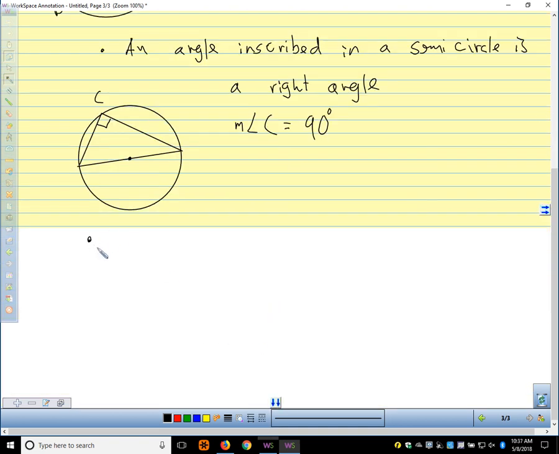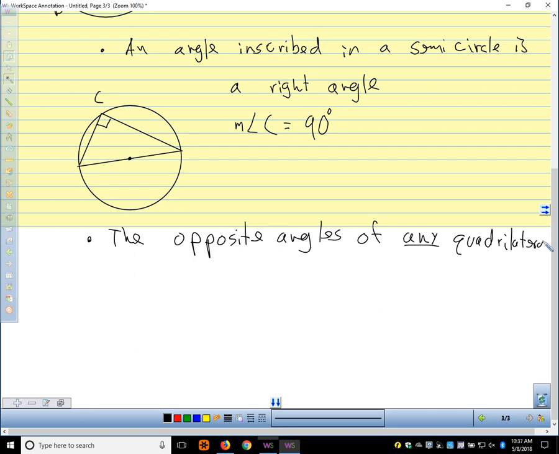And the third one, the opposite angles of any quadrilateral, remember, quadrilateral, four-sided shape, inscribed in a circle, are supplementary.